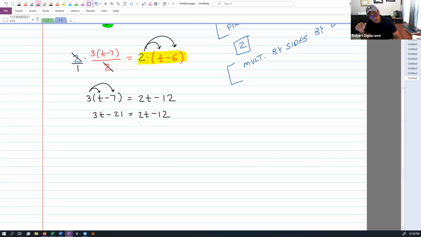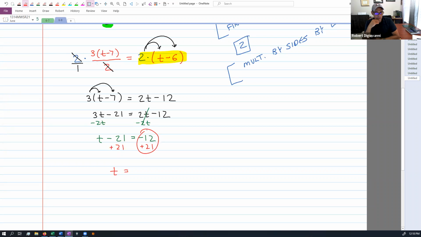Thank you. I'm going to subtract 2t from both sides. That will make it go away on the right. I'll be left with just a t on the left. Minus 21 equals negative 12. And then I will add 21 to both sides to get rid of the minus 21. And that will give me t equals, okay, now be careful on this.